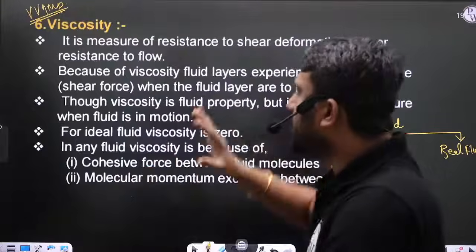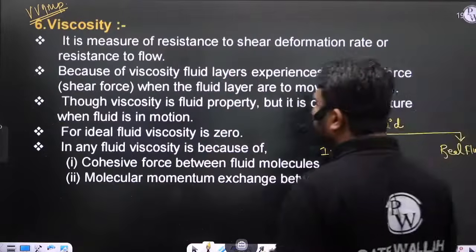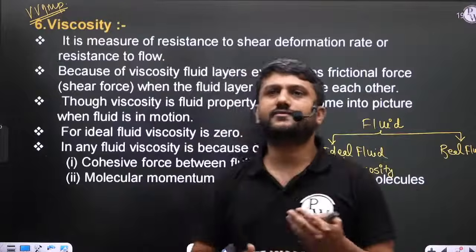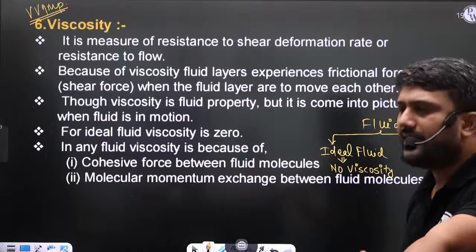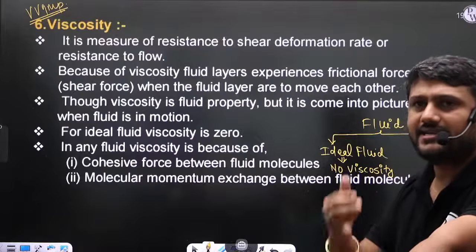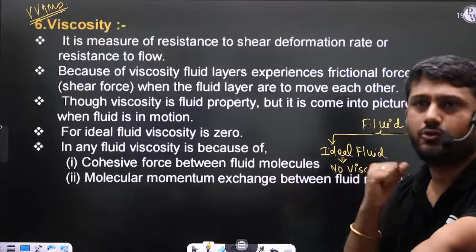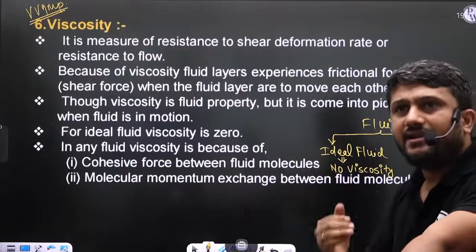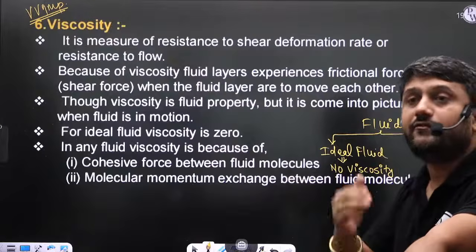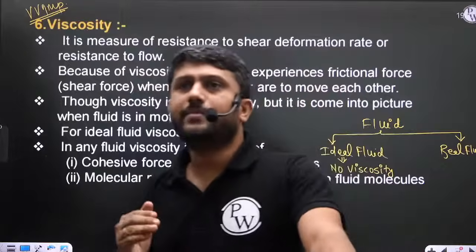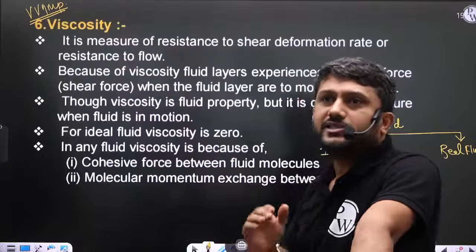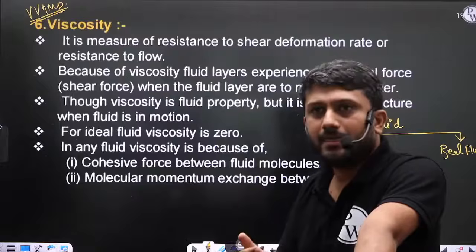So what is the viscosity? The first important thing: viscosity is nothing but the resistance to flow. In simple language, viscosity is the resistance to flow, and it comes into the picture when fluid is in motion.